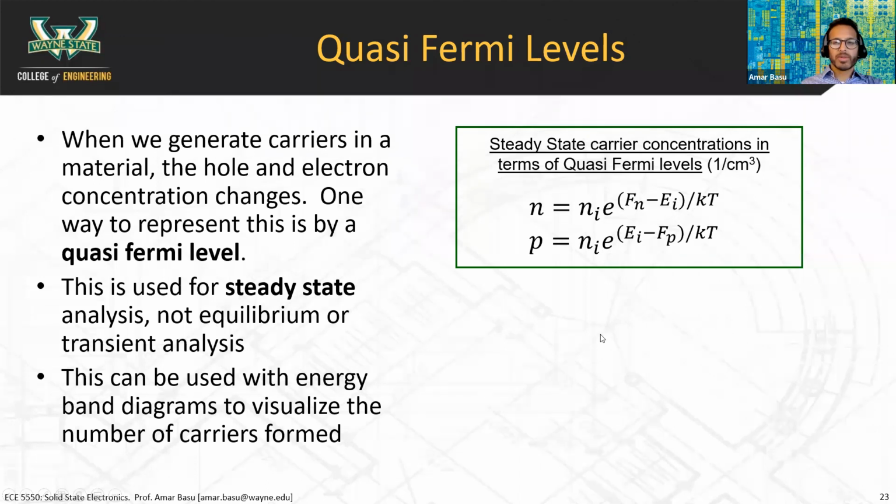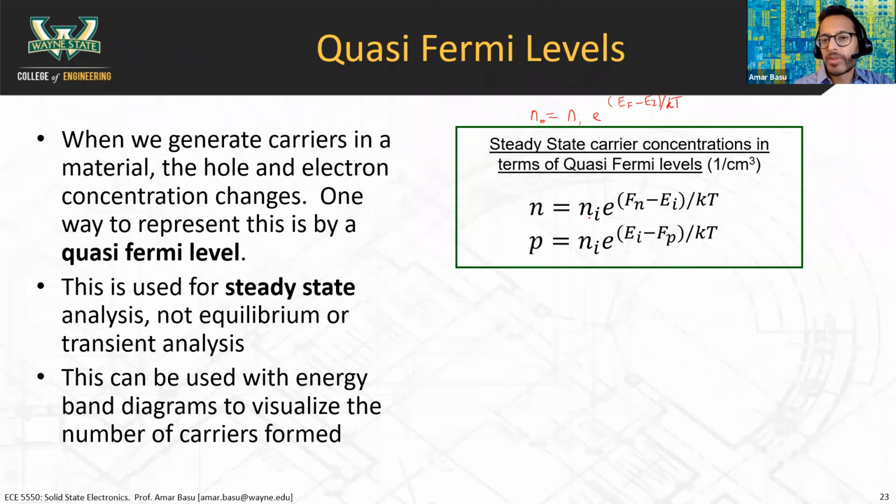So just to remind everyone, I'm going to put the original equation up here. If you're not irradiating the material, the electron concentration n sub 0 is equal to n sub i e to the E sub F minus E sub i over kT. And there's a similar equation for the holes.